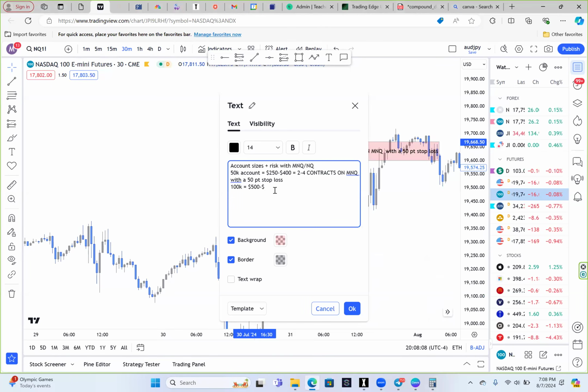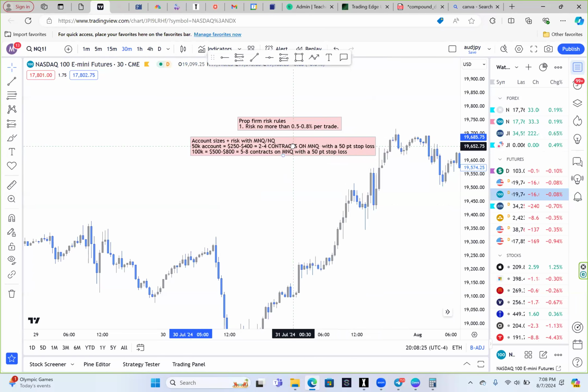So you can risk between $500 to $800 on a 100K account, and that is 5 to 8 contracts on MNQ with a 50-point stop loss. Okay, it's key to remember that I'm using the same stop loss size for every single trade.